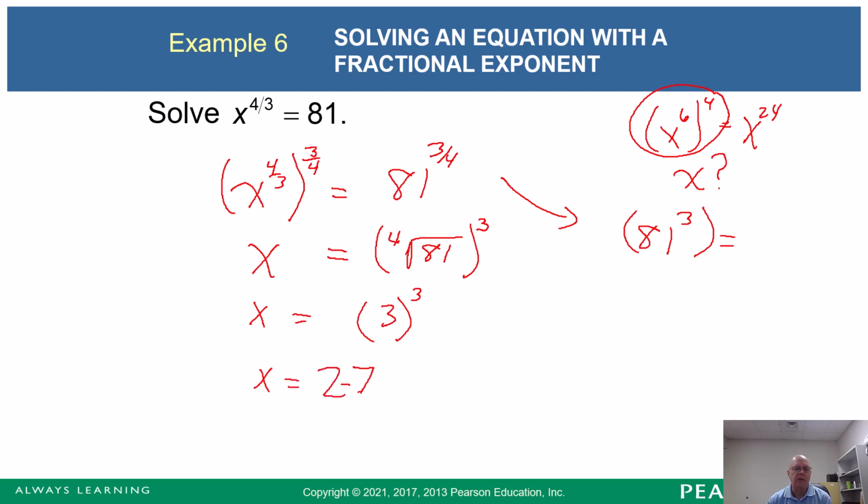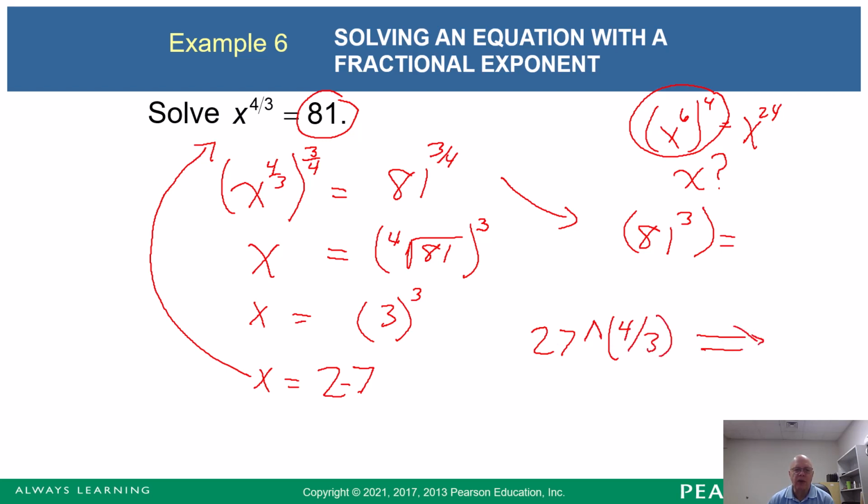Don't forget, check it out. Take 27 to the 4/3 power, and make sure you end up with 81. So remember, 27. If you're using a TI-83, for example, hit that caret sign, make it 4 divided by 3, and you should end up with an 81.